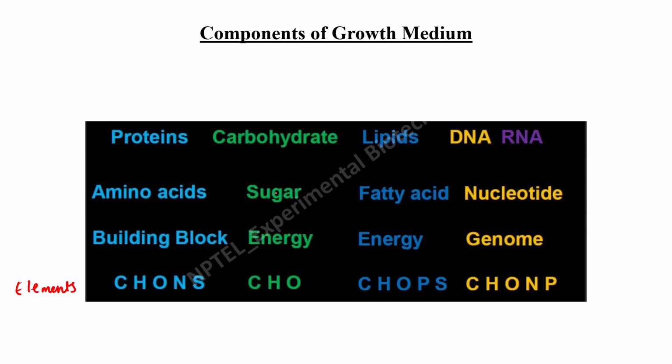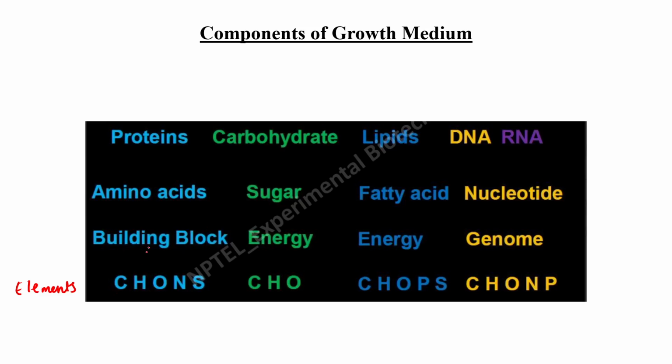When we are supplying any sugar, sugar is majorly composed of carbon, hydrogen, and oxygen, and it will be used up for energy. When we give any lipid or fatty acids in the growth medium, we are basically giving carbon, hydrogen, oxygen, phosphorus, and sulfur. And for nucleotides, we are giving carbon, hydrogen, oxygen, nitrogen, and phosphorus.